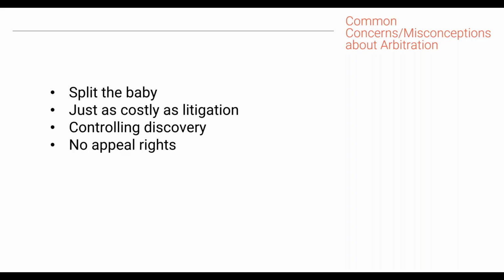They complain about the fact that, years ago in arbitration, discovery was very limited. Now they feel like discovery is as out of control and as expensive in arbitration. And finally, if you go to court, you're going to have appellate rights. Parties complained about not having appeal rights, and I know that Mike can address all of those.